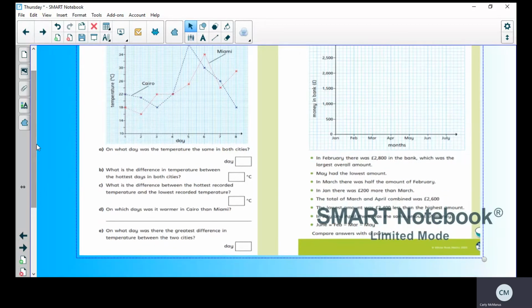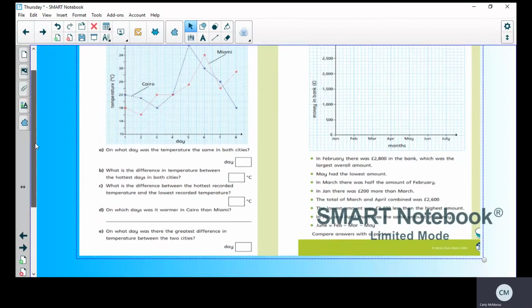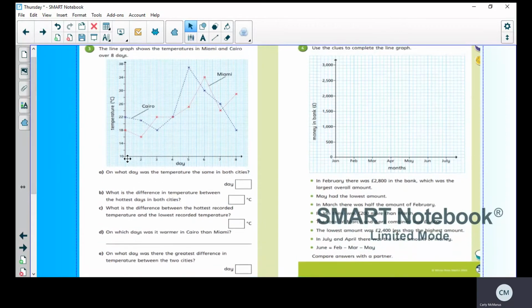On what day was there the greatest difference in temperature between 2 cities? So have a look here. On day 1, one is 18, one is 22. That's a difference of 4. On day 2, let me have a look. 12, 14, 16, 18.